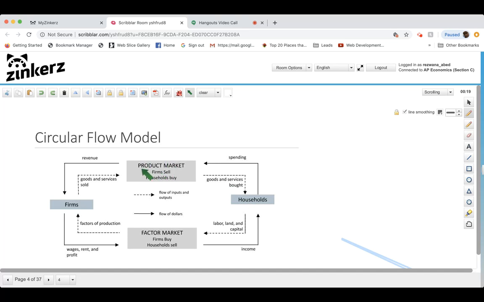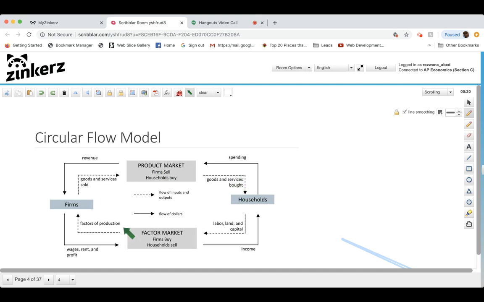In the factor market, households are the ones doing the selling. And what are they selling? They are selling these factors of production: labor, land, and capital. So they're selling them in the factor market. And firms are using these factors of production, labor, land, and capital, to then make the goods and services and sell them in the product market.